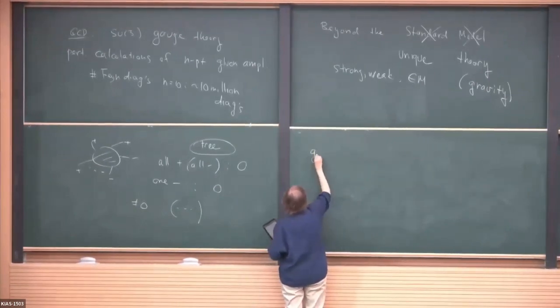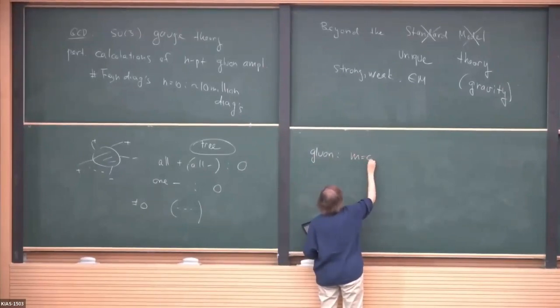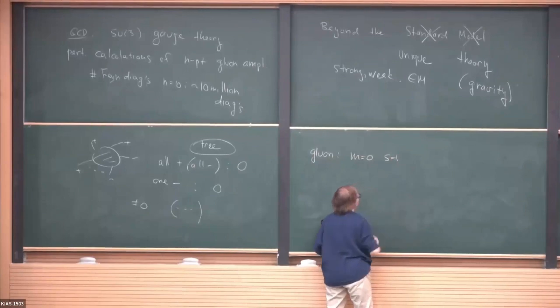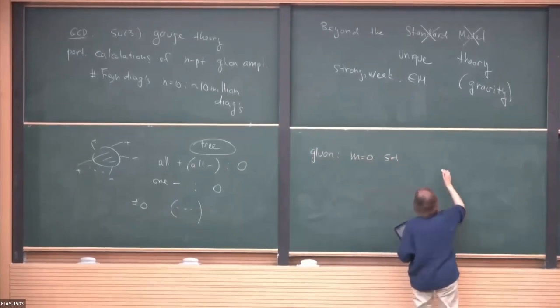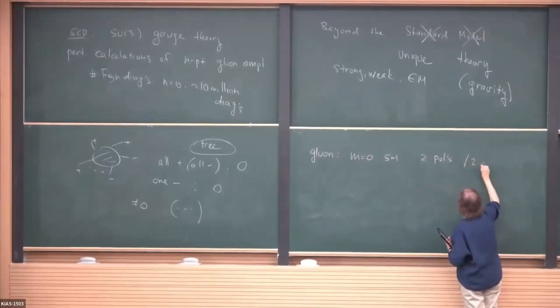The gluon, or any other gauge boson for that matter, is a massless spin 1 particle. It has two polarizations or 2 degrees of freedom.